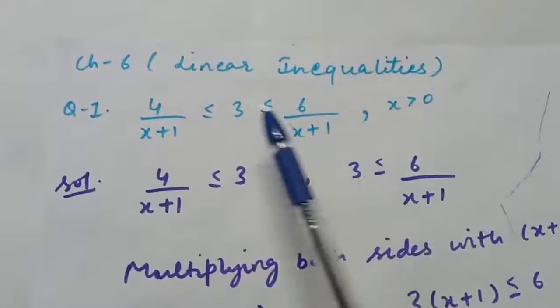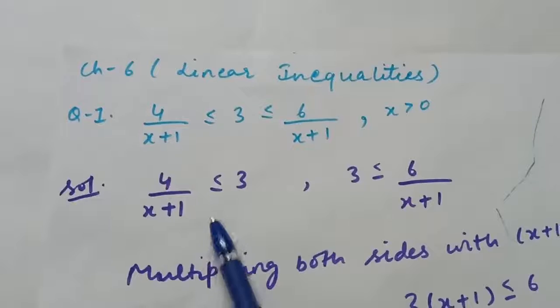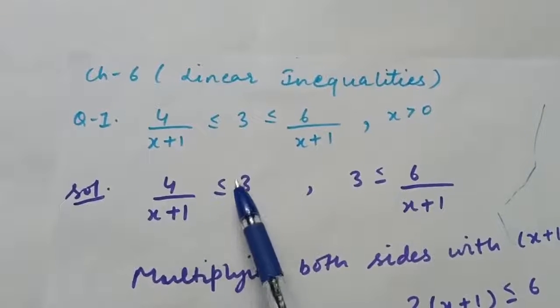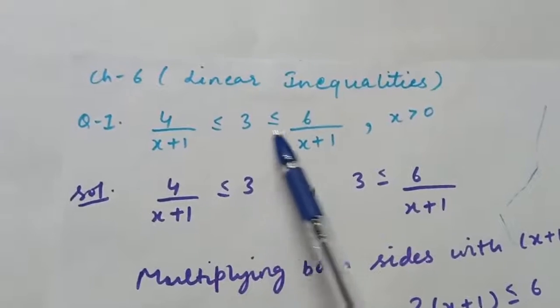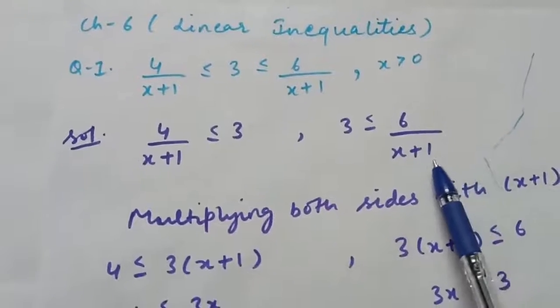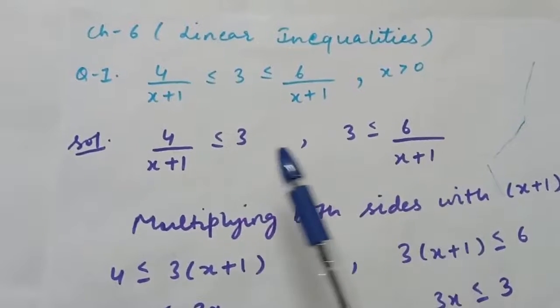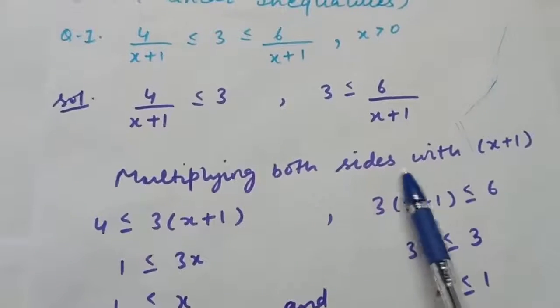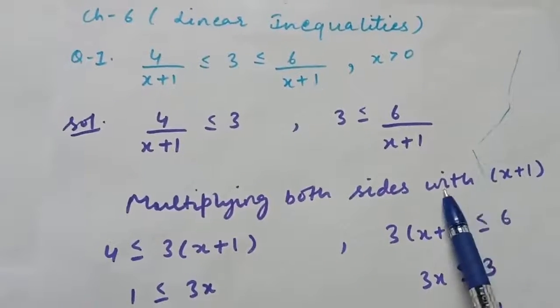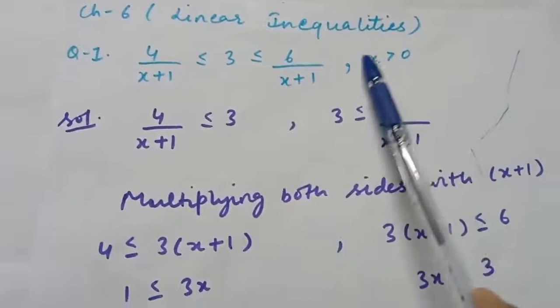Now see, first of all, writing this inequality as 4 upon x plus 1 less than or equal to 3, and this separately, 3 less than or equal to 6 upon x plus 1, right? Now see, we have multiplied both the sides with x plus 1, but we cannot do it if this condition is not given.